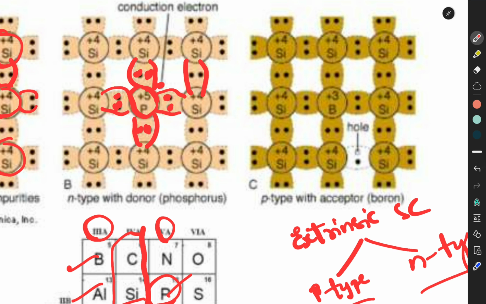But phosphorus will have another electron remaining, right? We can see an electron is left out here.